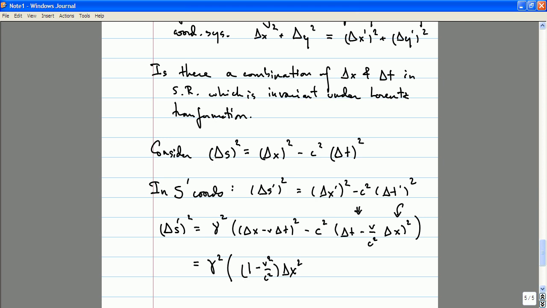Now let's look at the coefficient of delta t squared. I'll pull a c squared out front, so that from the first term you get a minus 1, and from the second term you get plus v squared over c squared. So this is minus 1 minus v squared over c squared times delta t squared.